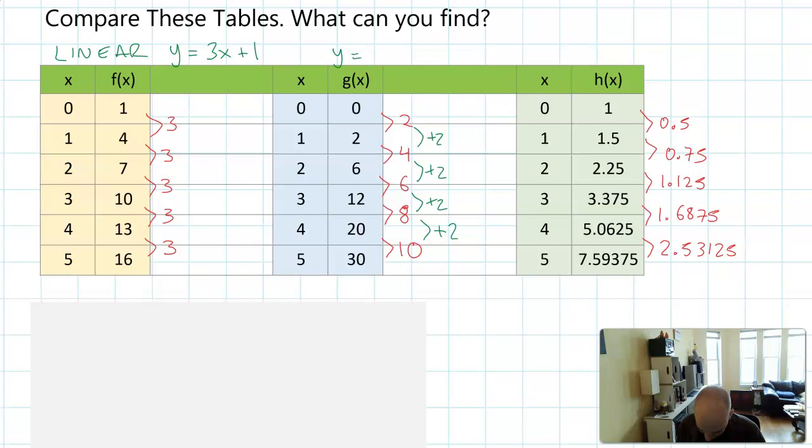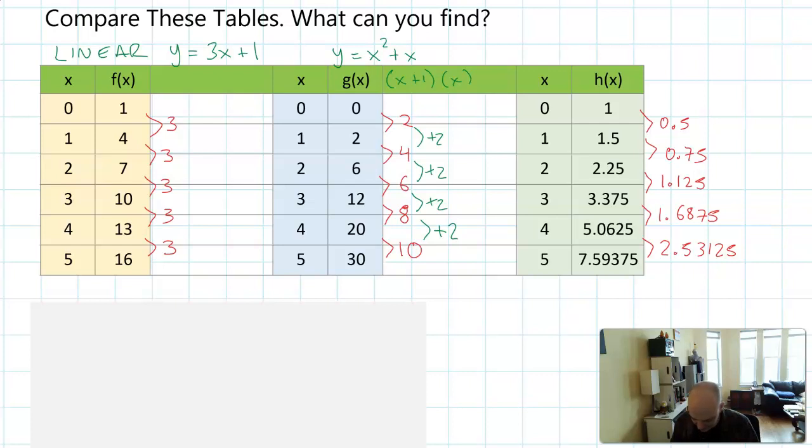So y equals something, this looks like maybe x squared plus x, which you could factor into x plus 1 times x, so like 30 is 5 times 6, 4 times 5 is 20, 3 times 4 is 12, 2 times 3 is 6, x plus 1 times x. Quadratic function, constant second differences.